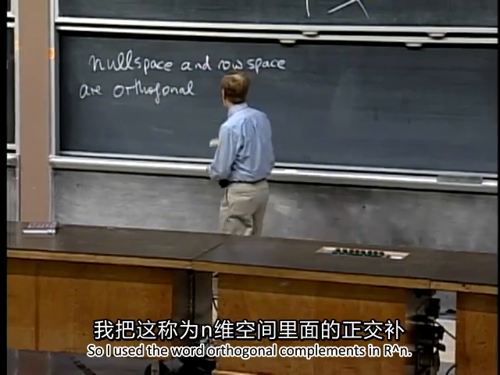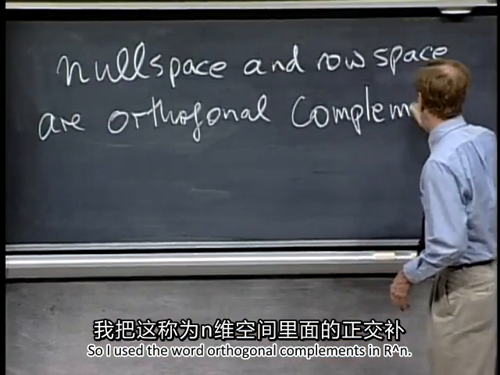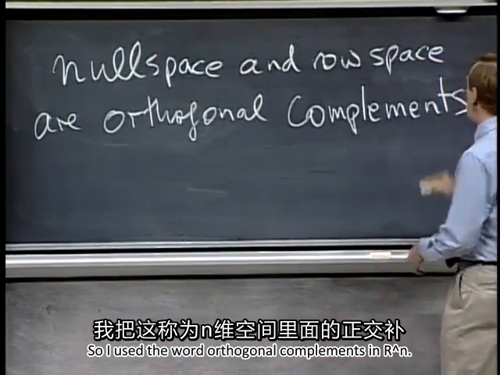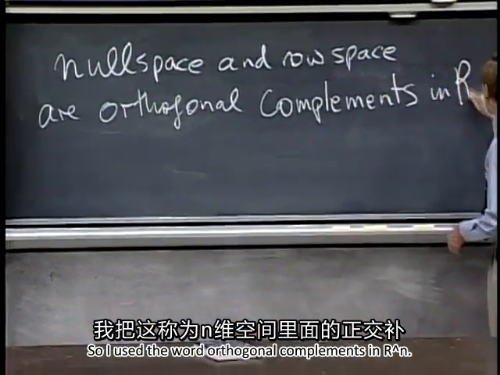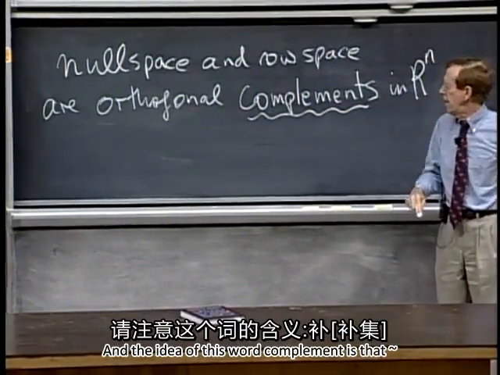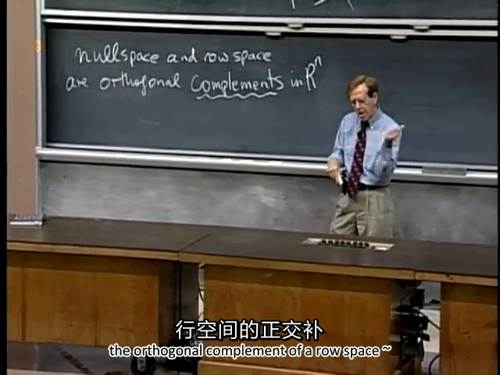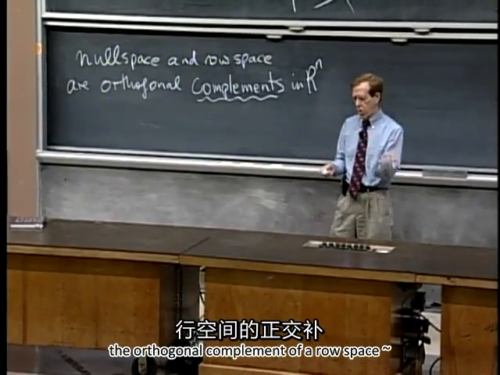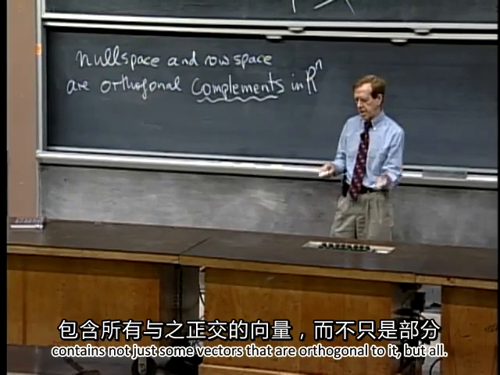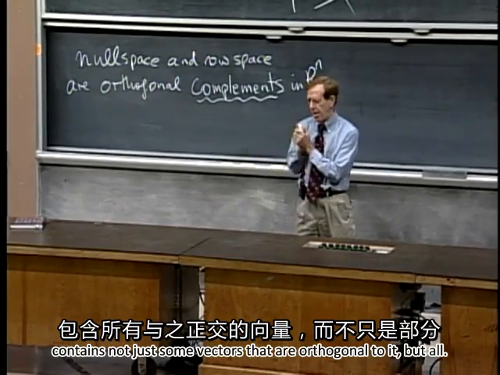So I use the word orthogonal complements in Rn. And the idea of this word complement is that the orthogonal complement of a row space contains not just some vectors that are orthogonal to it, but all.